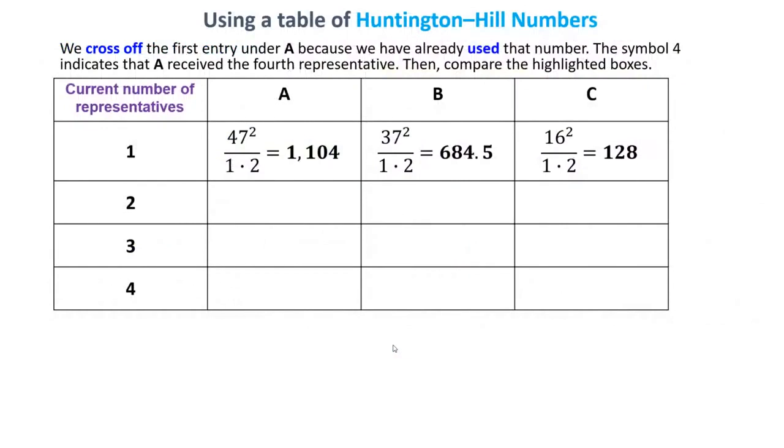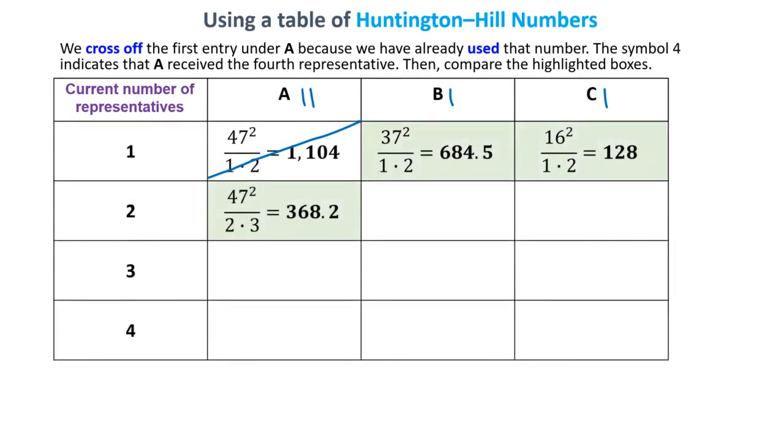Okay, here we have this table. First we assign one representative to everybody. Then we look at the Huntington-Hill numbers. The greatest is here. A gets the second one. And for A, we consider the second line of the table, 47 squared divided by 2 times 3.